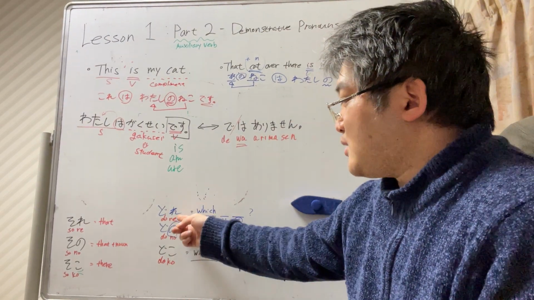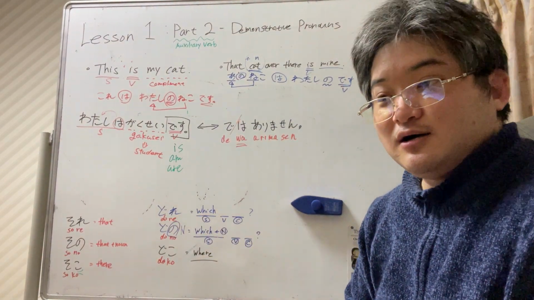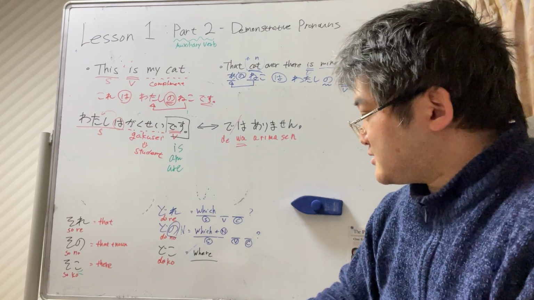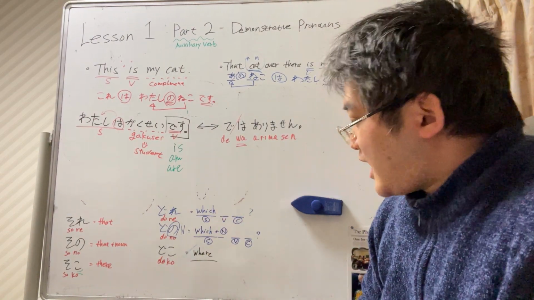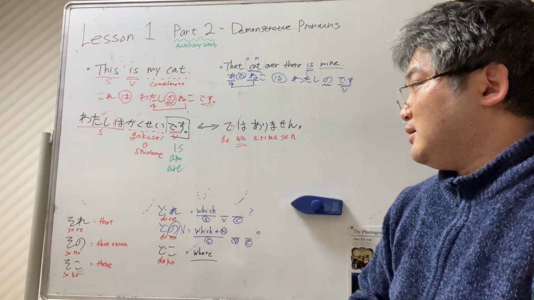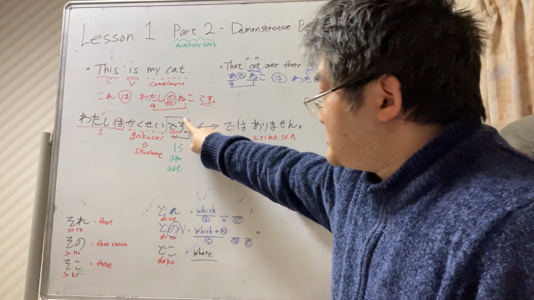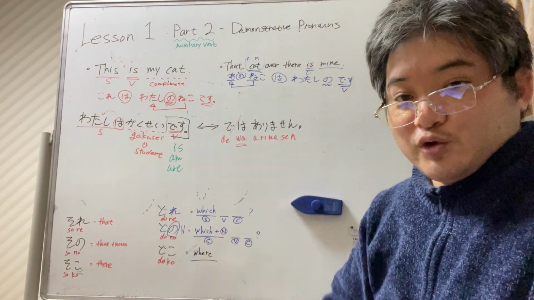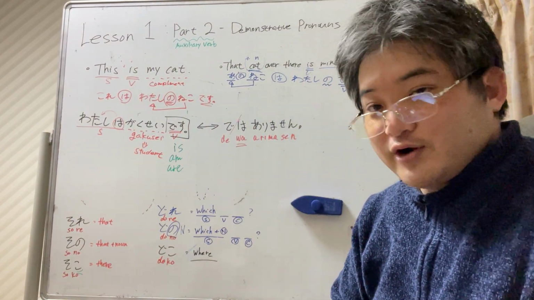Once you have re at the very end, it makes it manifest, and it becomes apparent that it becomes which. Similarly here, until you have the desu at the very end, the sentence is not over yet.